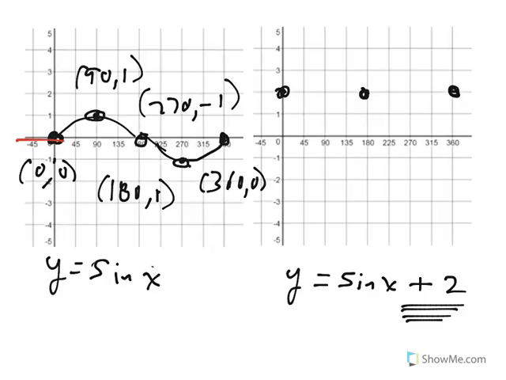Sometimes we call the line that goes through the middle of the sine curve the midline, and it's going to go up by 2. That's what that plus 2 accomplishes. The entire curve shifts, every point shifts up by 2, and we end up with something like this.